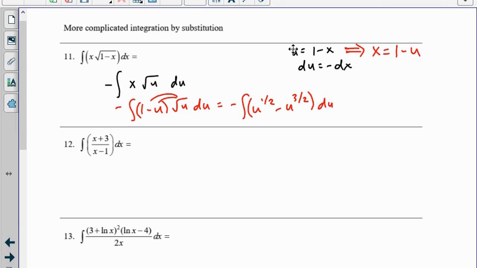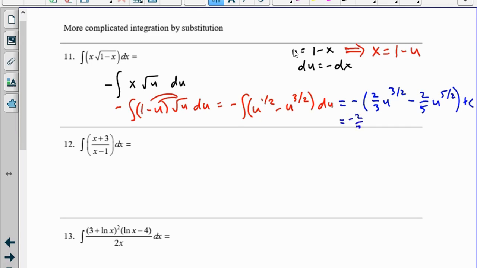So when I continue to do this problem, I end up with negative, and then I do an integral here. So the integral of u to the 1/2 is 2/3 u to the 3/2, and the integral of u to the 3/2 is 2/5 u to the 5/2, and then we have this plus c. So I can write my final answer by replacing u with 1 minus x.